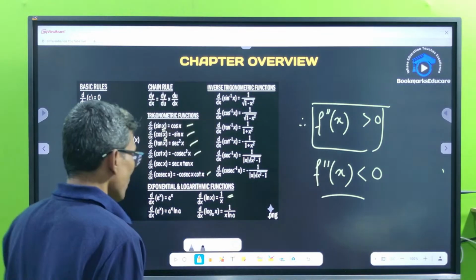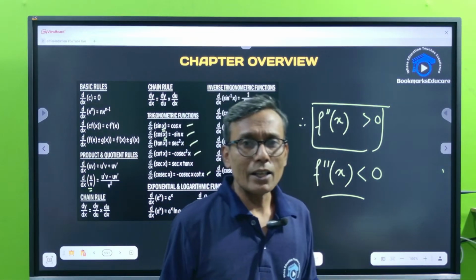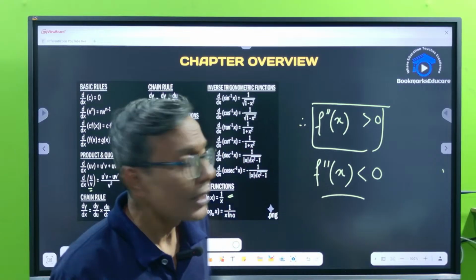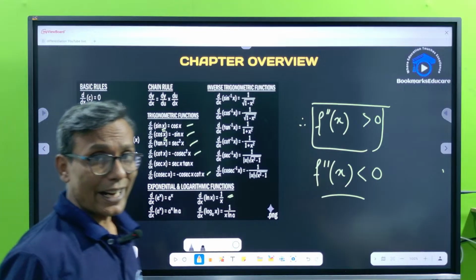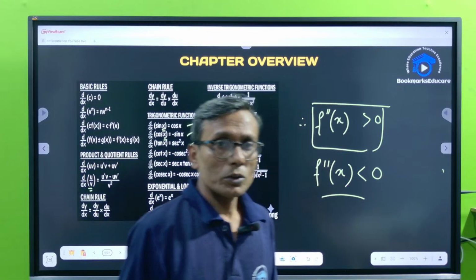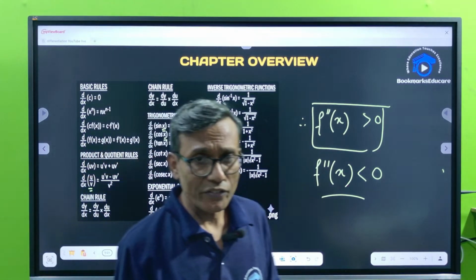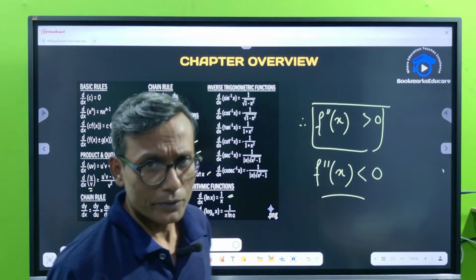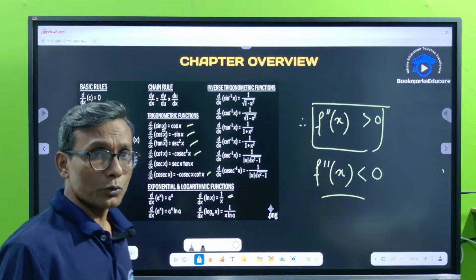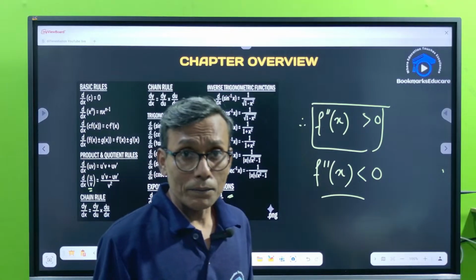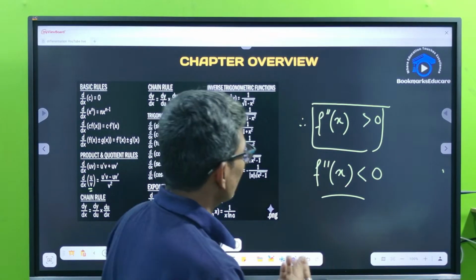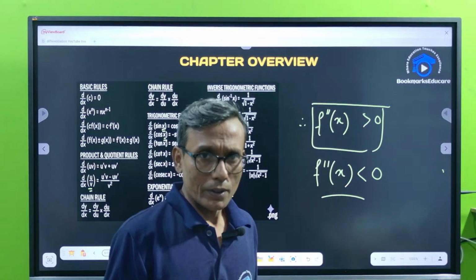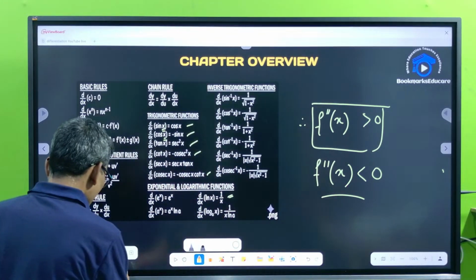Clear? So now we come to the sums. Here a few sums are arranged for you, selected to help you get a little bit of conception about derivatives.